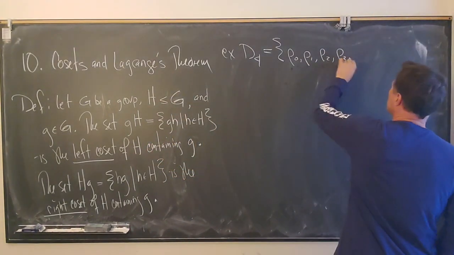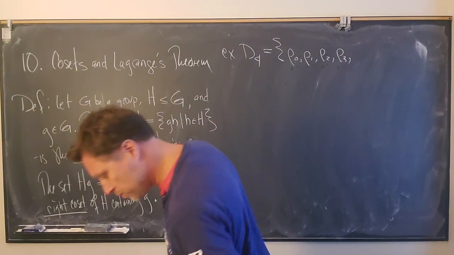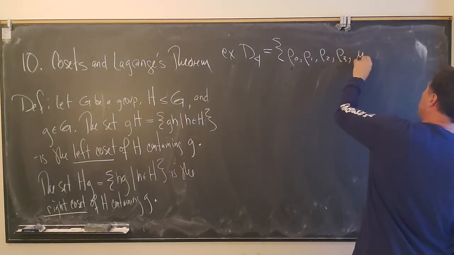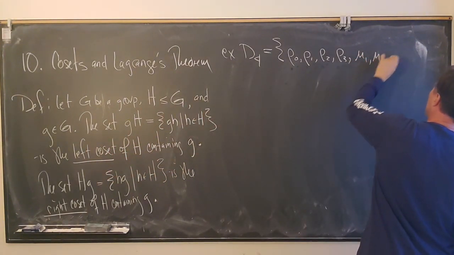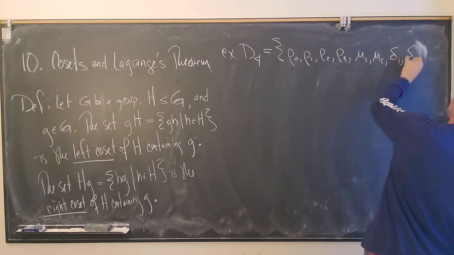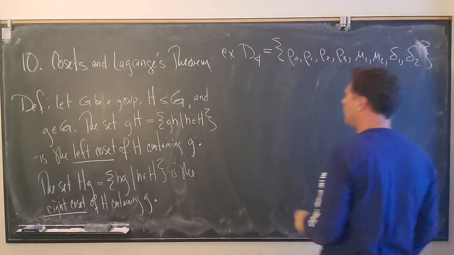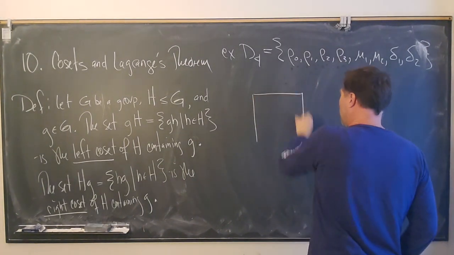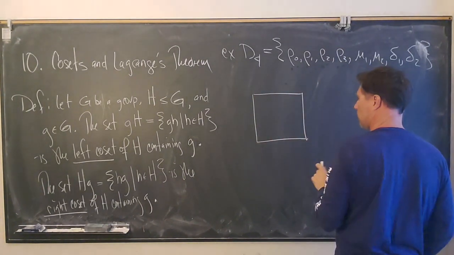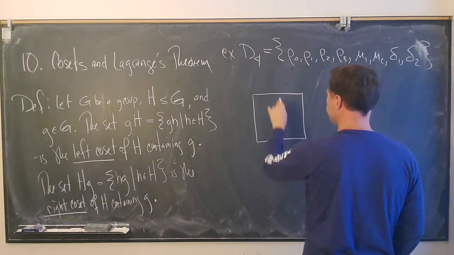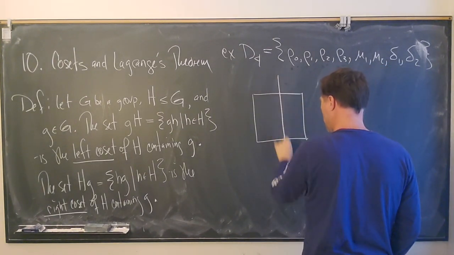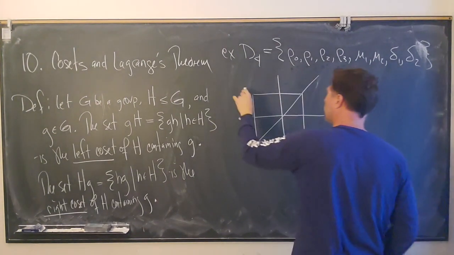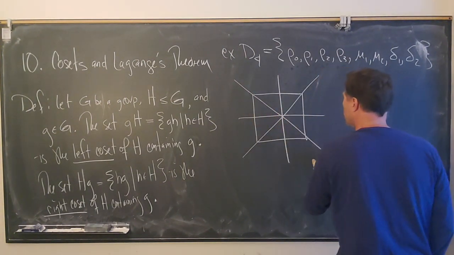And then there's going to be, what symbols do I use here? Mu1, mu2, delta 1, and delta 2. And let me draw a picture of what we have here in terms of the elements. So we have 4 lines of symmetry like that.